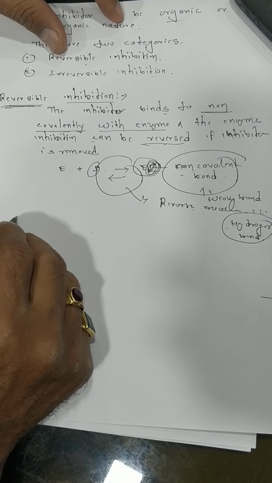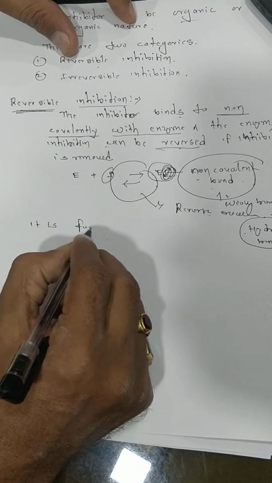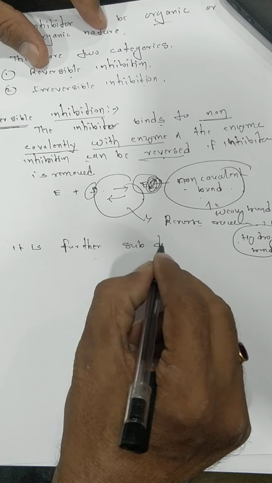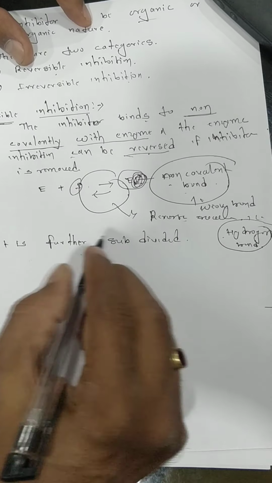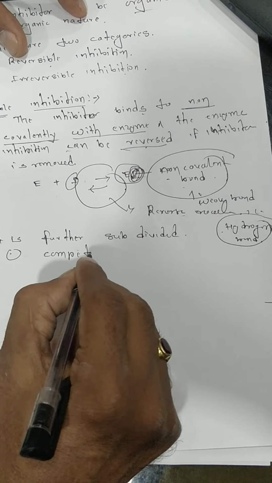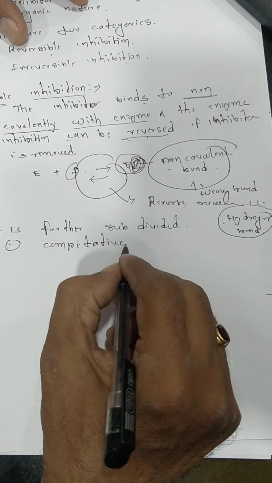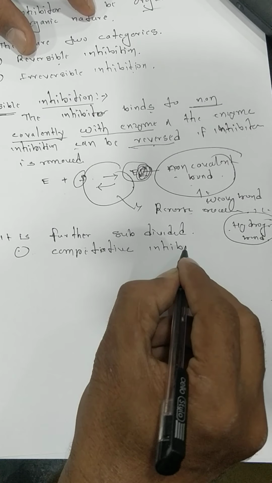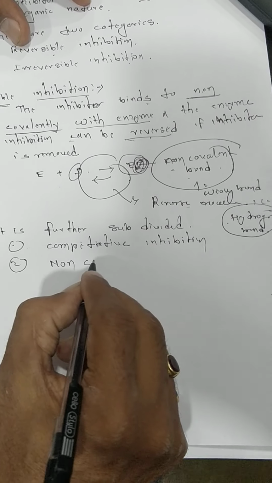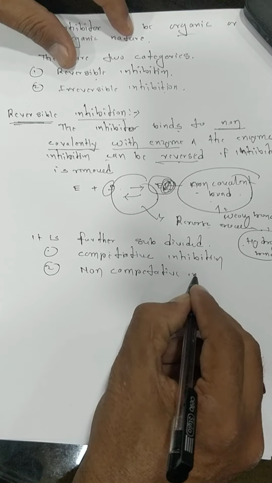Reversible inhibition is further subdivided into competitive inhibition and second, non-competitive inhibition.